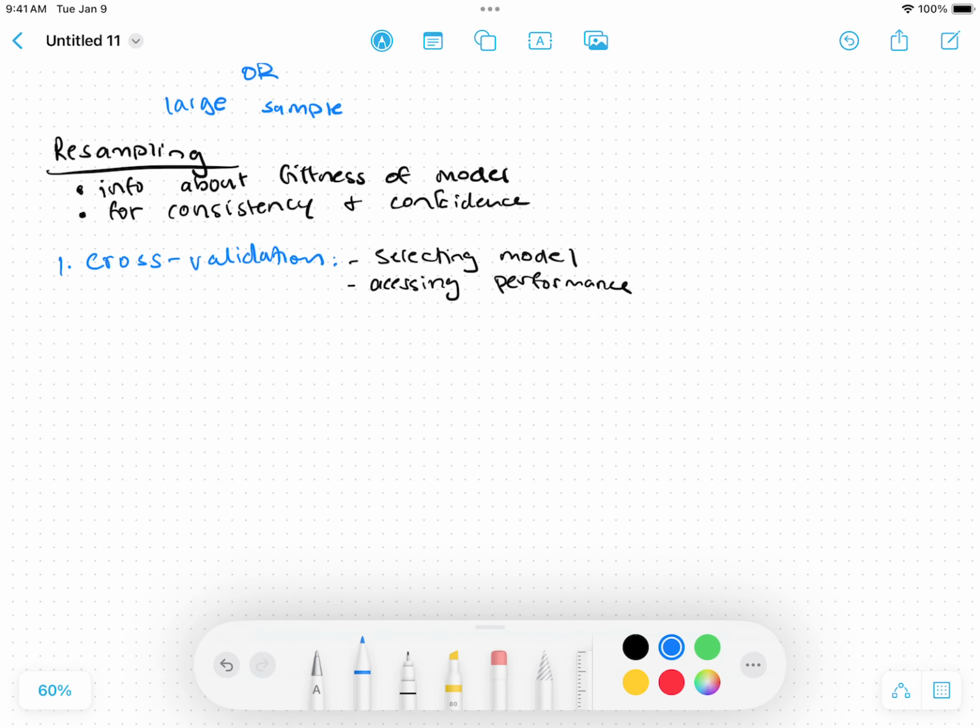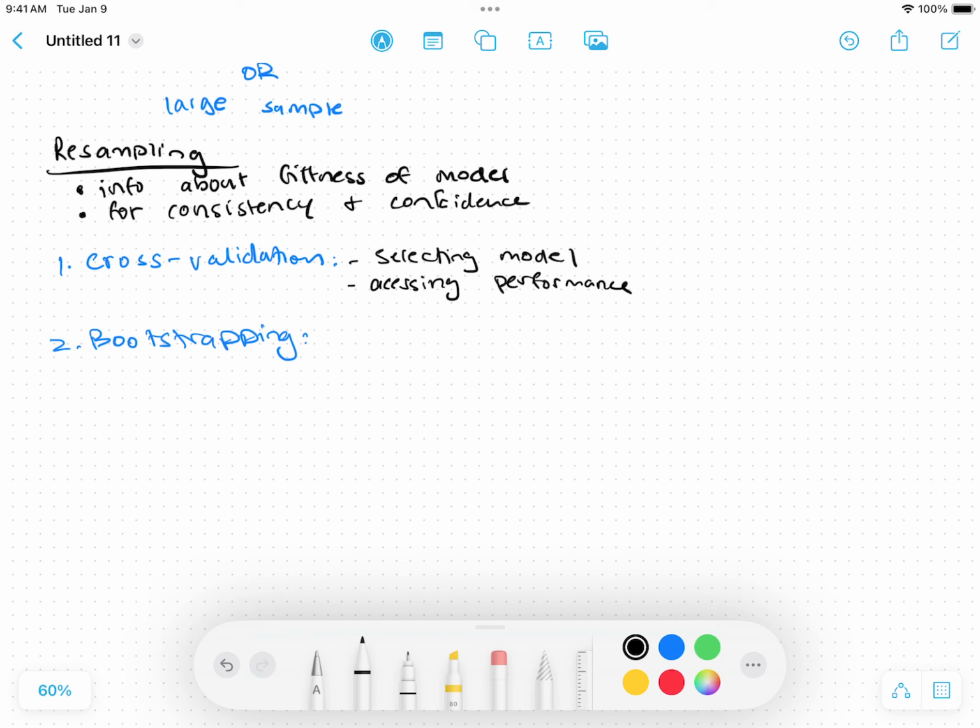So the second method that I want to talk about is pretty popular. You've likely heard of it, called bootstrapping, right? And this basically is used to provide us the accuracy of a parameter.